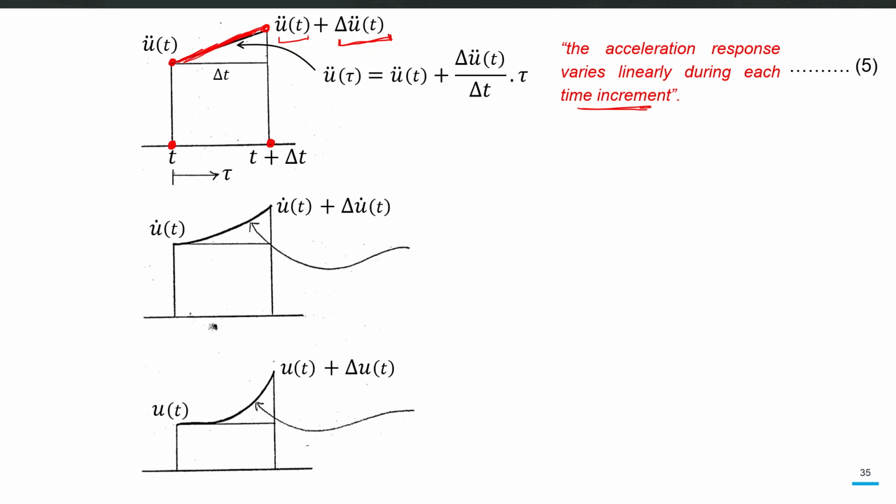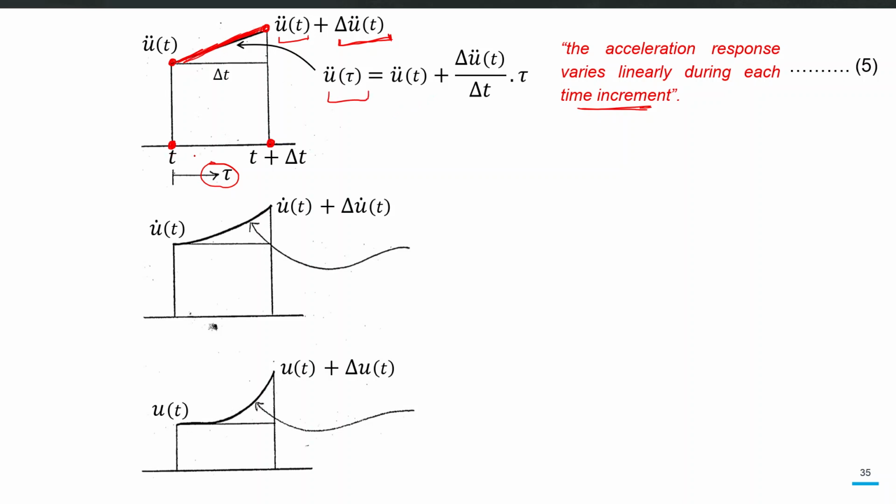If it is a straight line, we can write its equation simply. The horizontal variable, starting at 0 and continuing up to delta t, is a local variable, let's say tau. So we can write u double dot of tau, the equation of this line.